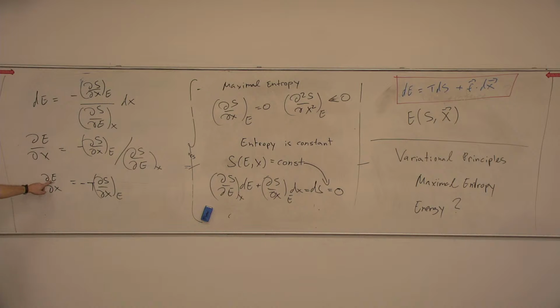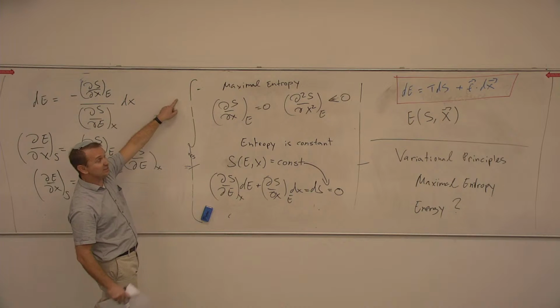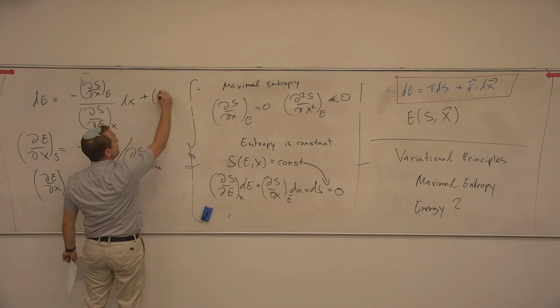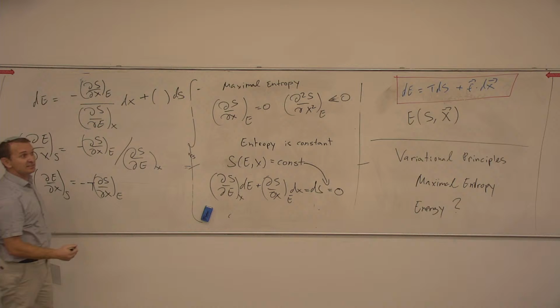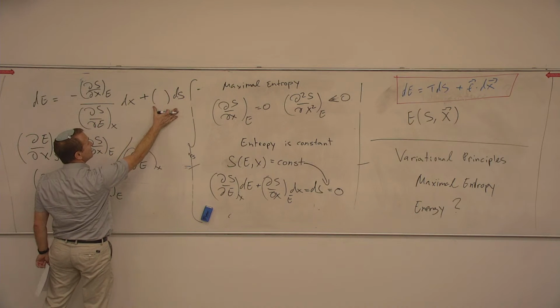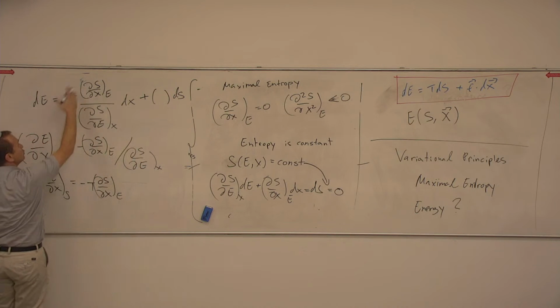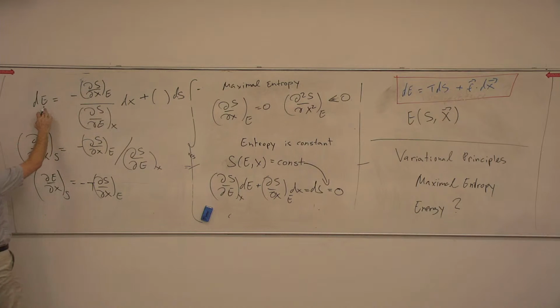Just look at the derivative of the energy with respect to x, at constant S. Exactly, constant x, and here it's also constant s, because ds here is 0. Here it is plus something multiplied by ds, but ds is 0, so there is nothing. So all of this is the derivative of E with respect to x at constant s.